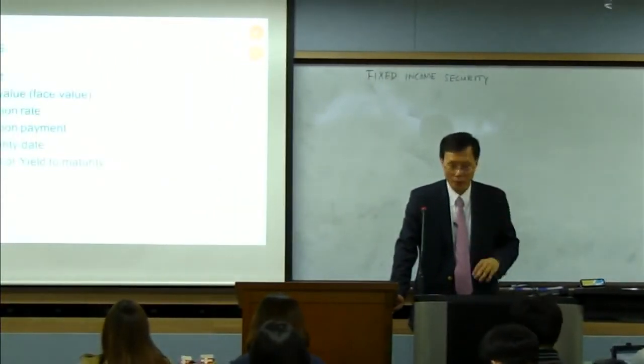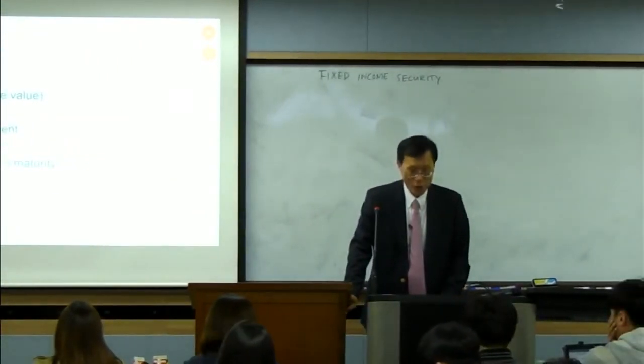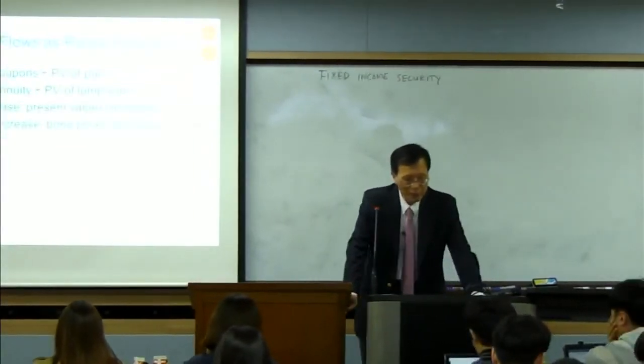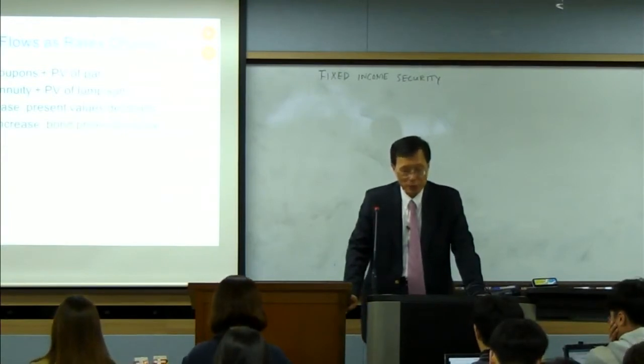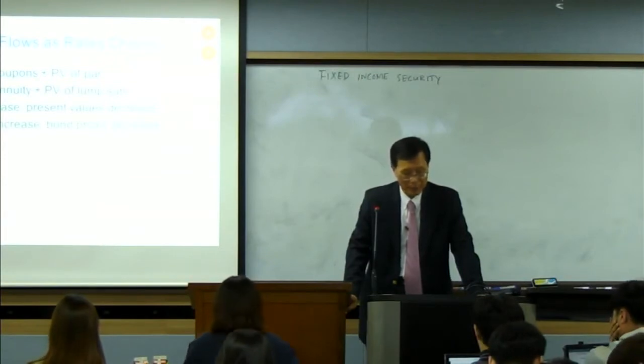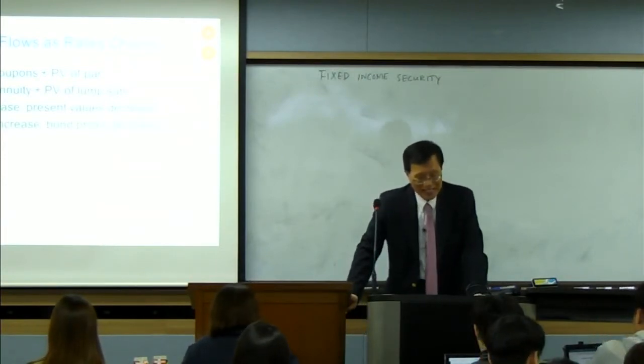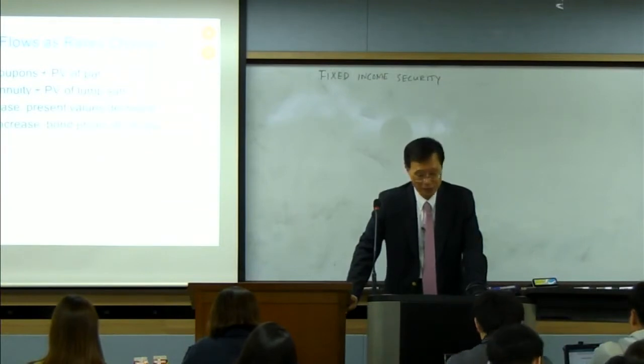We've already learned the concept, so I will just continue. Bond value is nothing but the sum of present value of coupons and present value of the face value, or the par value. So as interest rate increases, bond prices decrease, and vice versa.